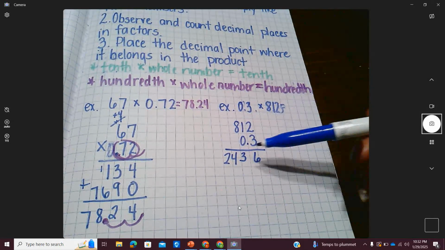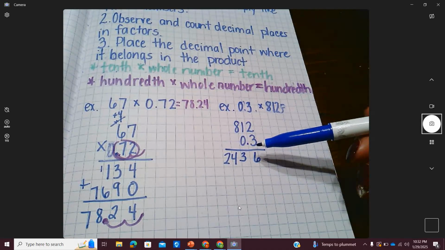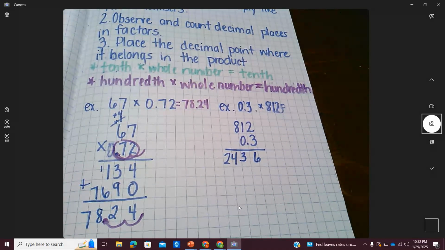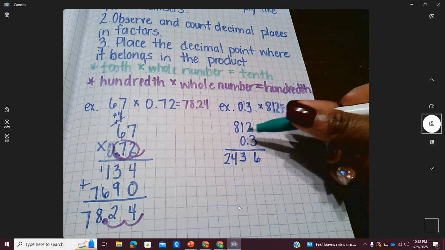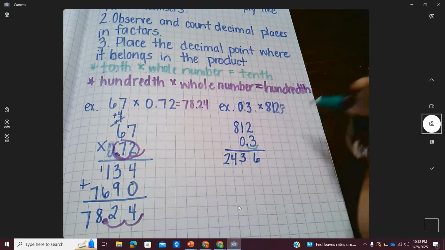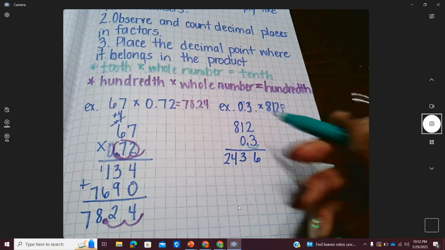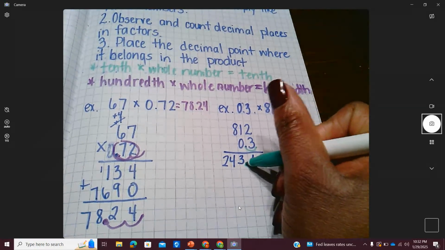But I didn't multiply times 3. I actually multiplied times 3 tenths. So I'm going to take a look and recognize that I'm multiplying a whole number by a tenth. A whole number by a tenth means that I'm going to have a product that is to the tenths place.